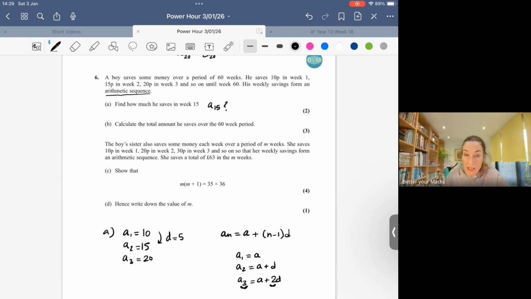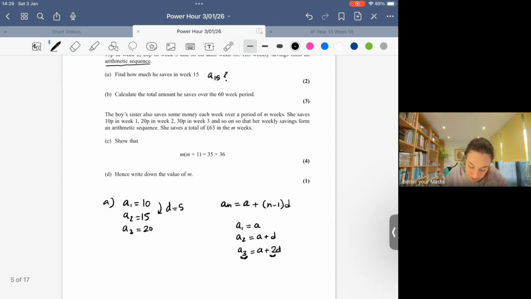So A15 is going to be the first term, which is 10, plus 14 times 5. Everyone, does it make sense?